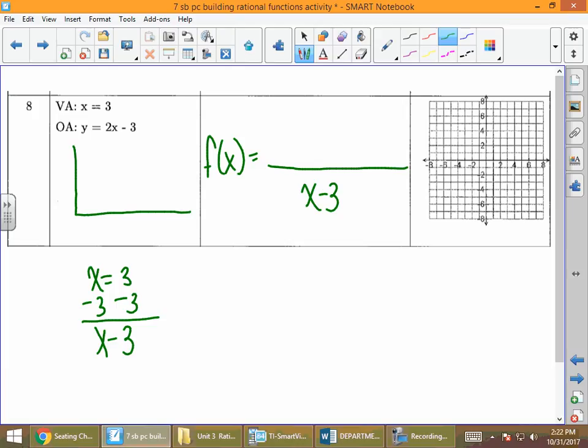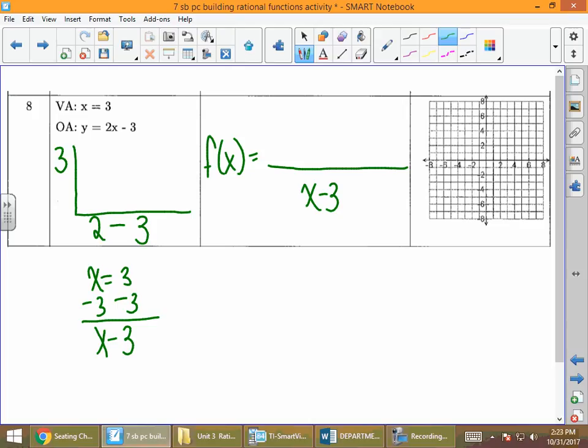Well, we see down here on the bottom, it's x minus 3, so when we're synthetically dividing, the number out front is going to be positive 3. And we know what the value is that we're going to get. We're going to get 2, which is coming from the oblique asymptote, minus 3. That's going to mean we could have a remainder, but we don't have to worry about the remainder.